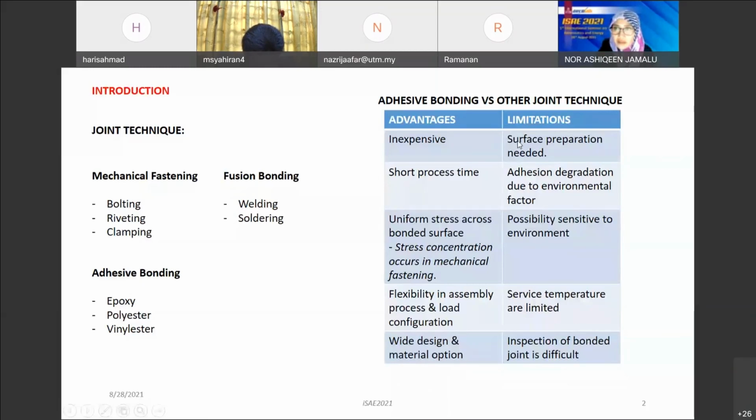But the limitations are that surface preparation is needed, adhesion degradation due to environmental factors, sensitivity to the environment, limited service temperature, and inspection of the bonded joint is difficult.